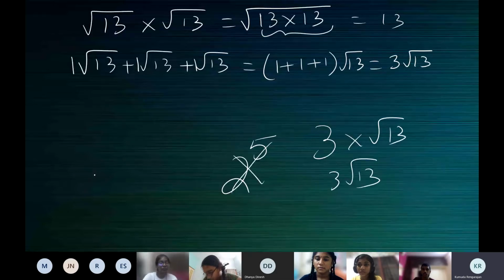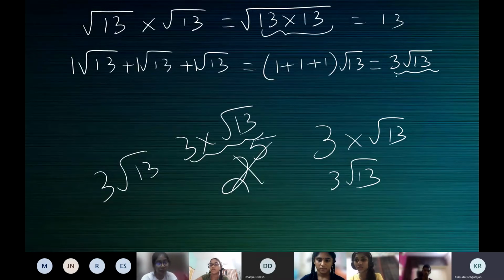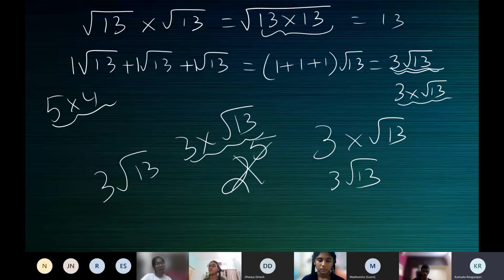What do we understand by 3 root 13? It is 3 into root 13, 3 times root 13. Like what is 5 into 4? 5 times 4. 3 root 13 is a product. There is no sign here, like 5x.